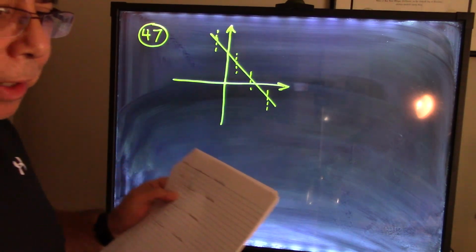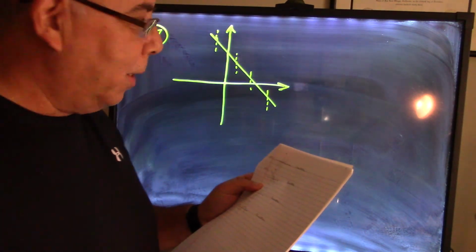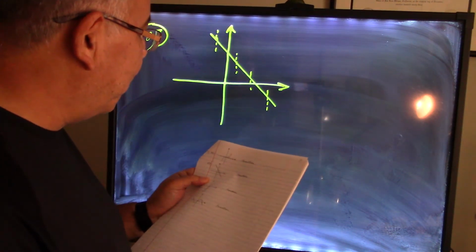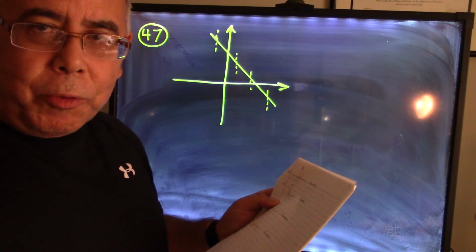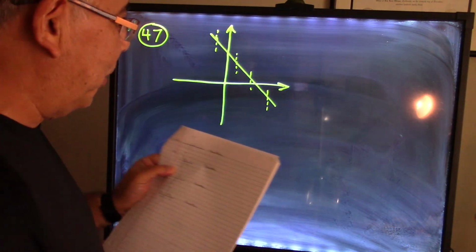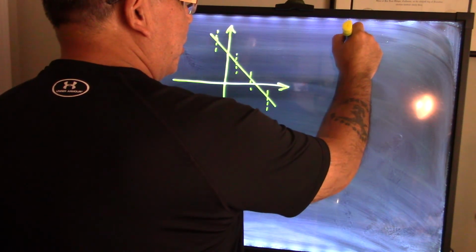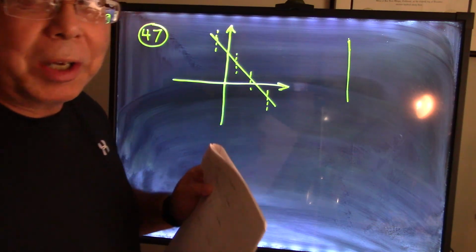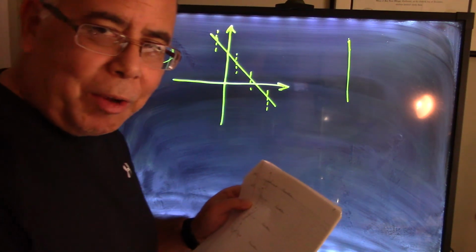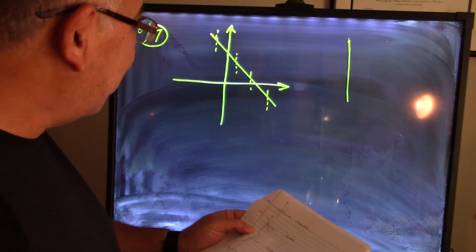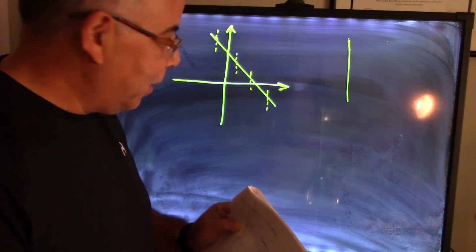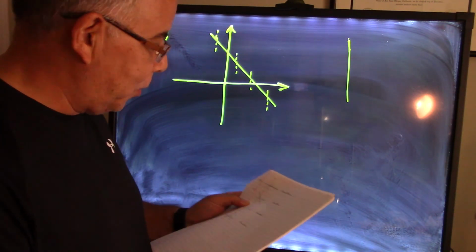X equals some constant, all right? That would not be a function. It's a vertical line. Or a vertical line drawn through that vertical line. Here's your vertical line. If you do the vertical line test, it hits an infinite number of times. So it's definitely not a function. All right, but this one's okay. It's slanted, and so vertical line test works on this one.